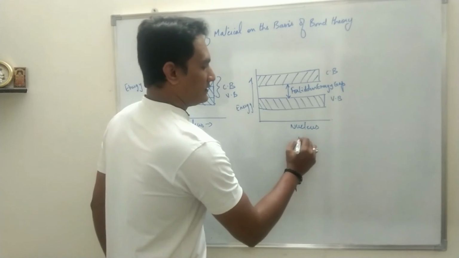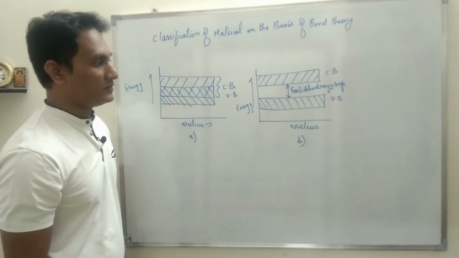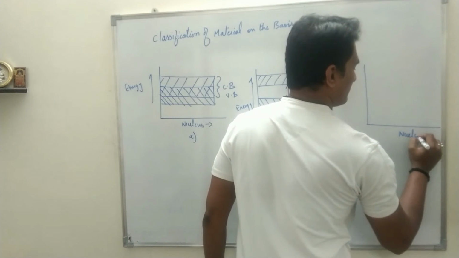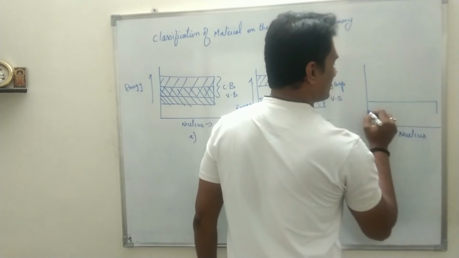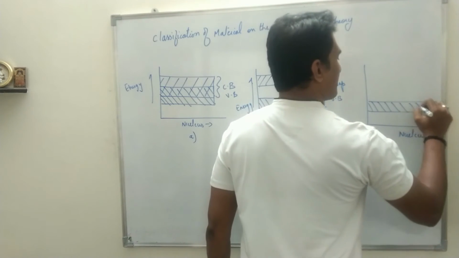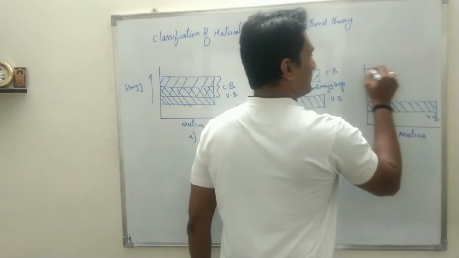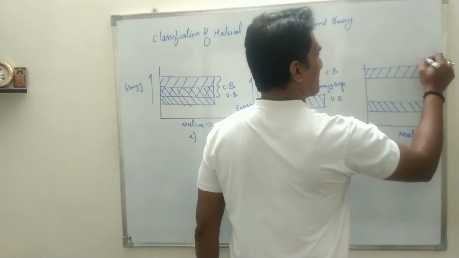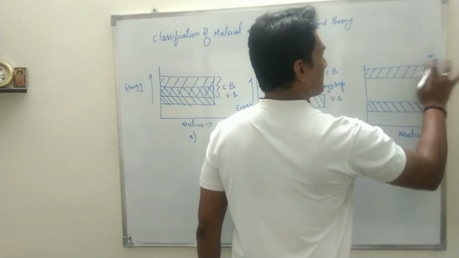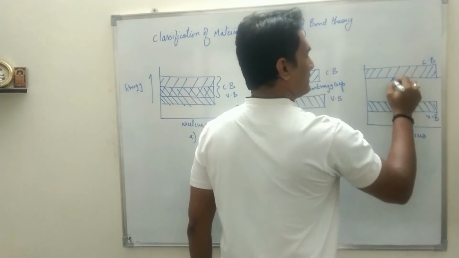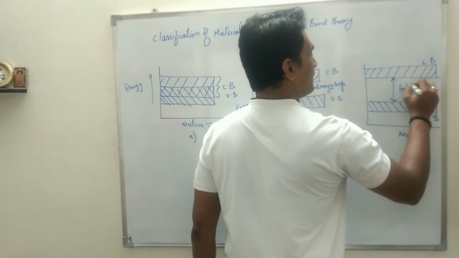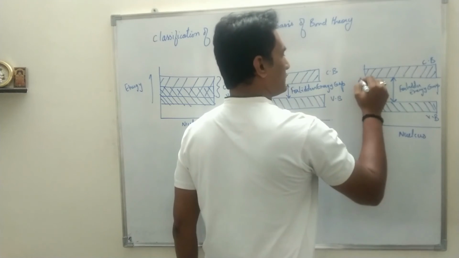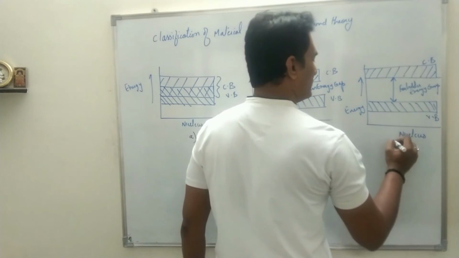Okay, so let us name the second diagram as B. And in the third diagram, again this is your valence band, this is your conduction band, and this is the forbidden energy gap, and this is the energy associated with the signal.